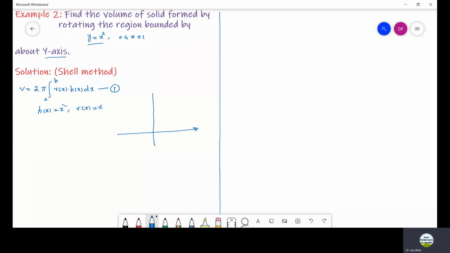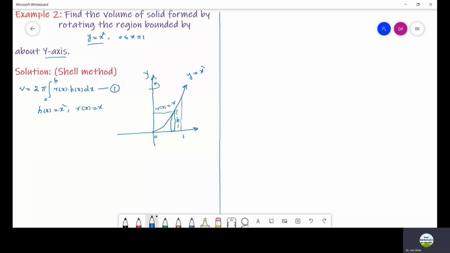The graph of this function is this one. This is the graph of y equal to x squared, and we are rotating the region about the y-axis, with limits from 0 to 1. To rotate this, we make a cylinder like this one. The height of that cylinder is h, which is x squared, and the distance r of x is equal to x.